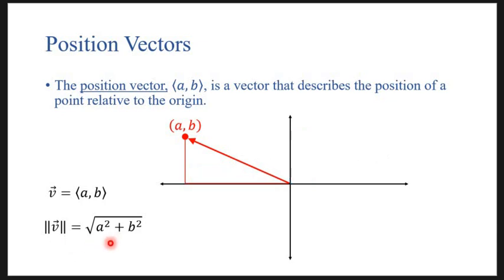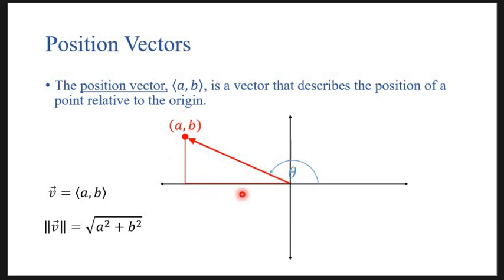The other thing we need to have to define a vector, other than a magnitude, is a direction. So we're going to use the positive x-axis as our initial side, and the vector itself as the terminal side, and the direction angle is defined as theta here. You notice there's a triangle here, and we know we can define trig functions for the angle theta based on this triangle.